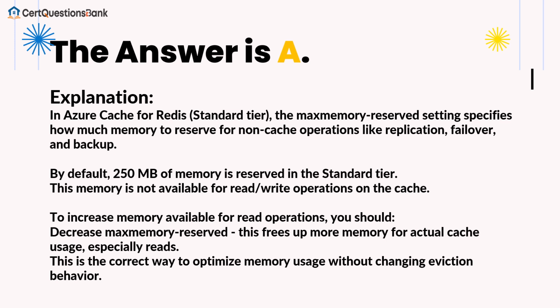This memory is not available for read-write operations on the cache. To increase memory available for read operations, you should decrease maxmemory-reserved. This frees up more memory for actual cache usage, especially reads. This is the correct way to optimize memory usage without changing eviction behavior.